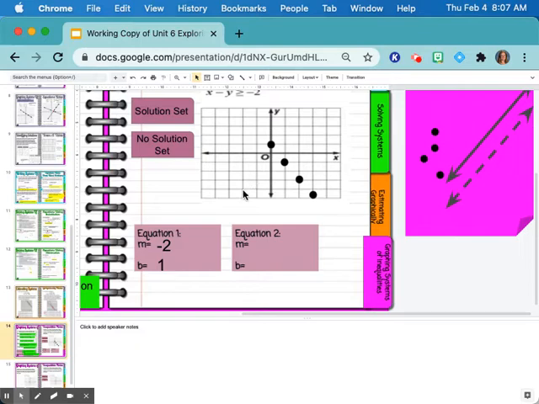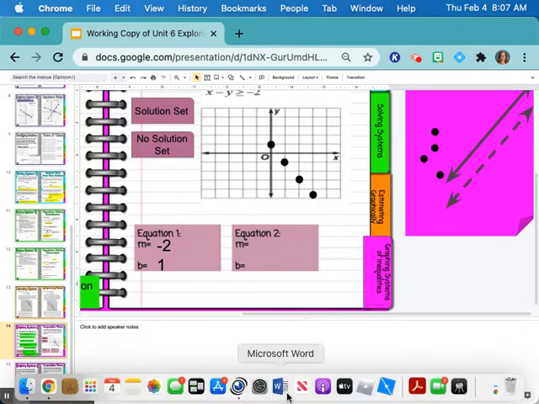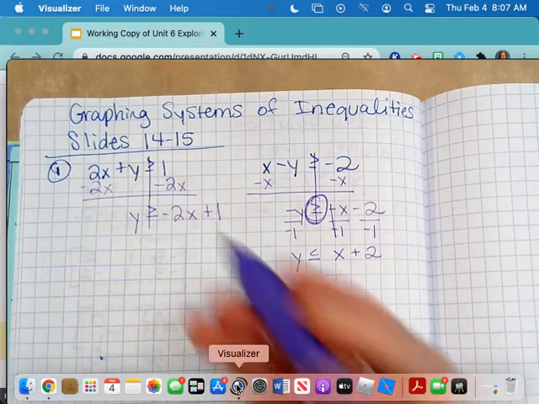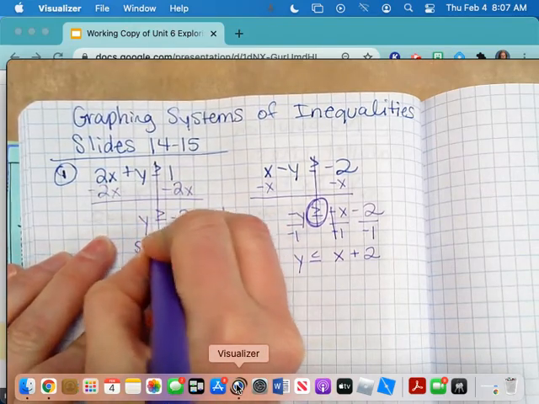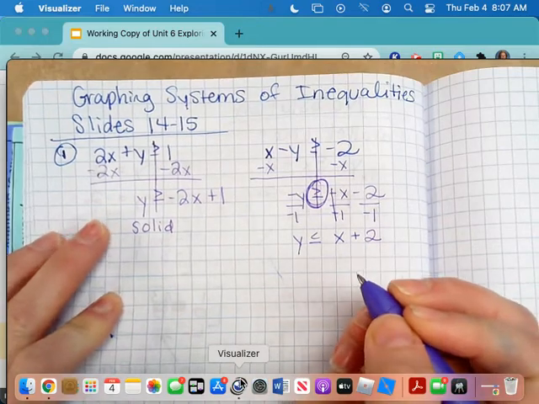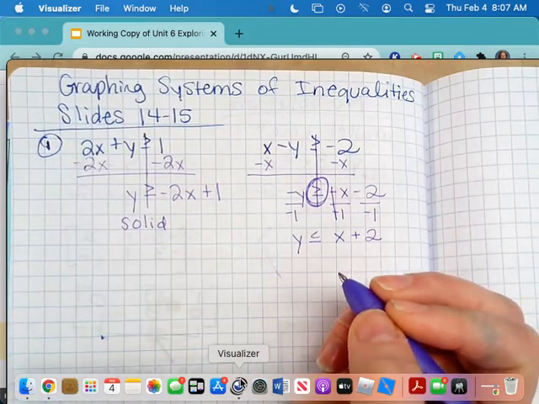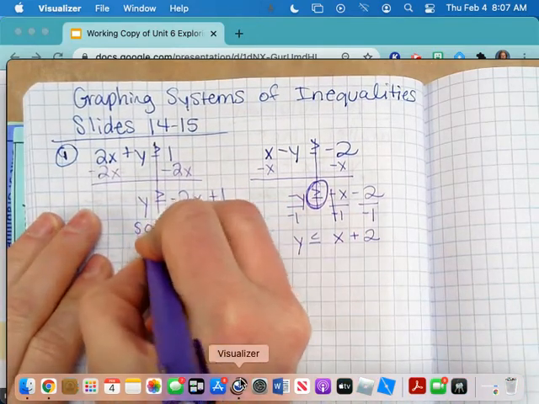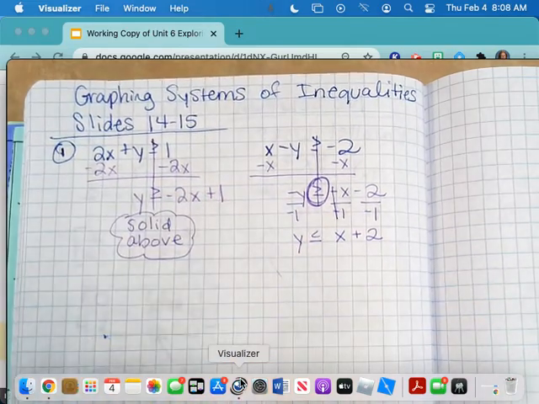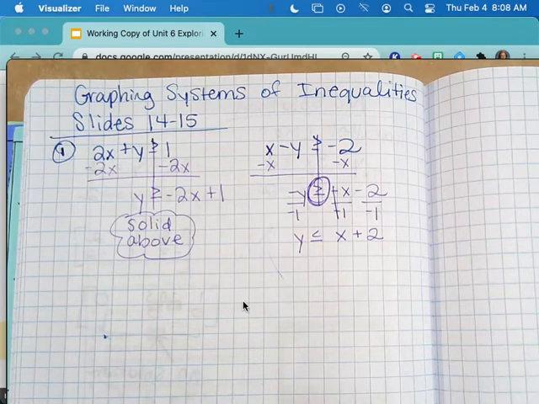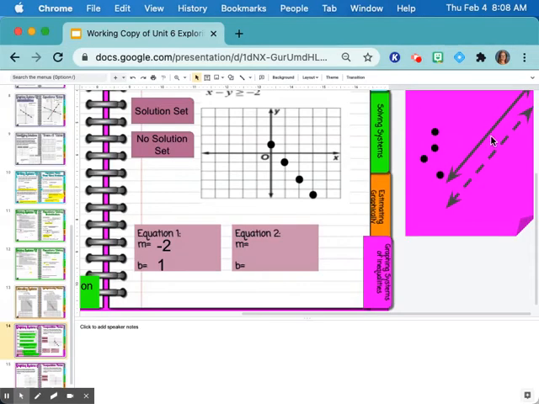So we need to do, what kind of symbol is that? Solid line. And then how are we going to shade? Above or below? Above, because it's greater. So we need a solid line.